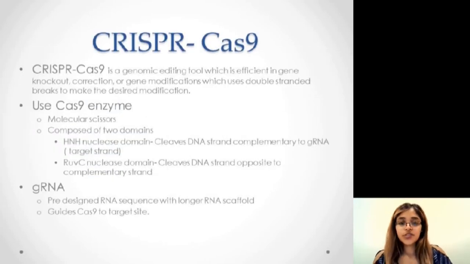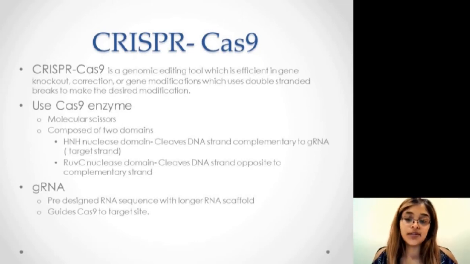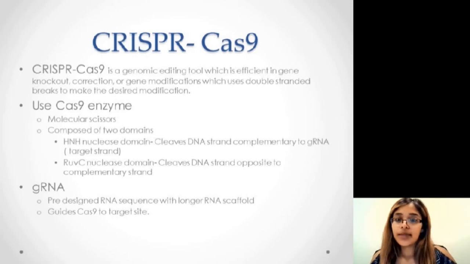So CRISPR-Cas9 uses the Cas9 enzyme, which is pretty much the molecular scissors, and it is composed of two domains: the HNH nuclease domain and the RuvC nuclease domain.